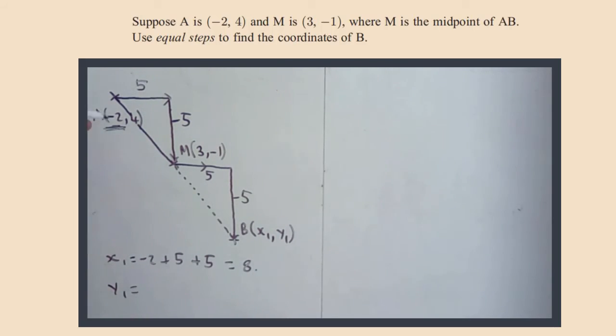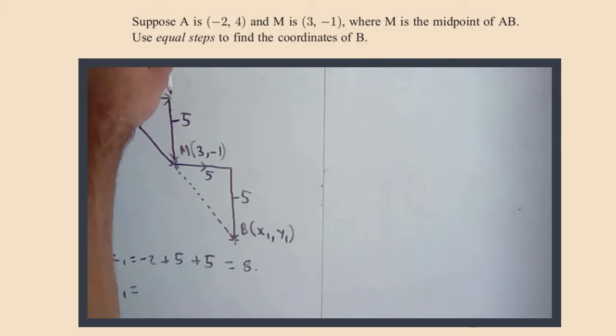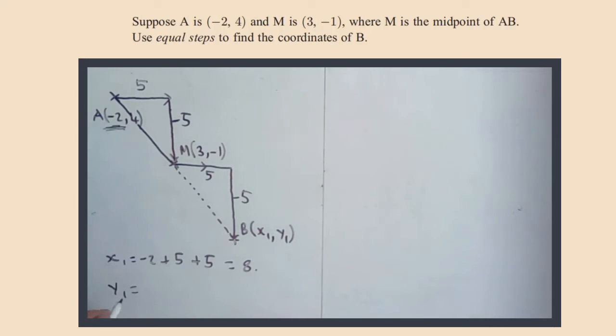For y1, from 4, you need to do 5 down and another 5 down. So it's 4 minus 5 minus another 5. 4 minus 5 is -1, minus another 5 is -6.